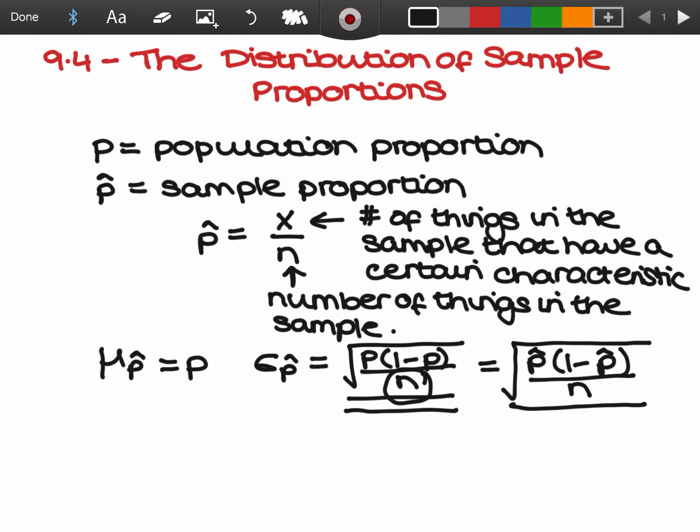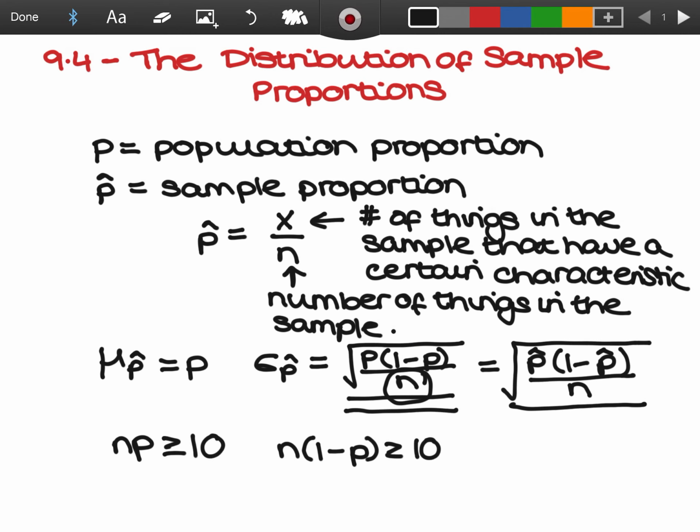As we said, you would like the sample size to be fairly large. Remember for the sample means, we said that we would like a sample size of at least 30. In this case, what they actually say is that they would like both np and n times 1 minus p both to be greater than or equal to 10.